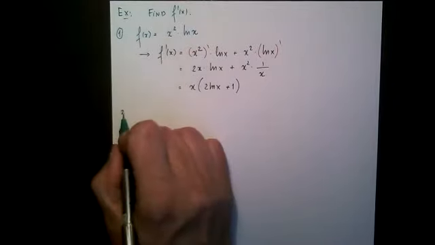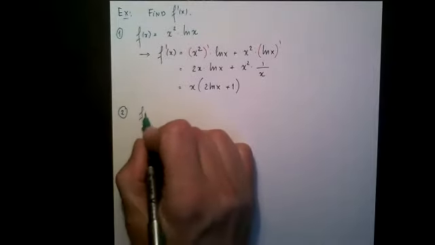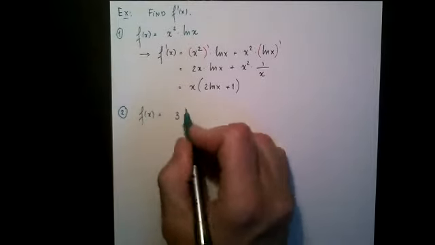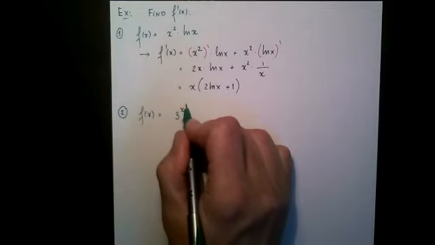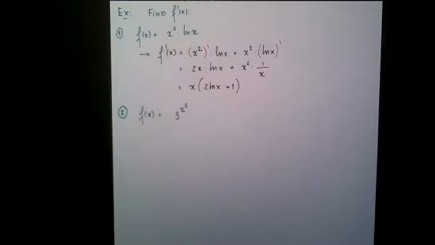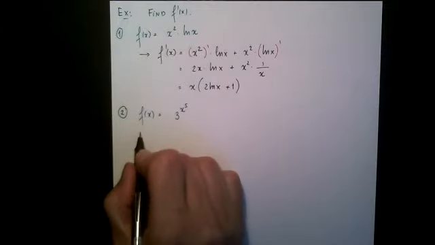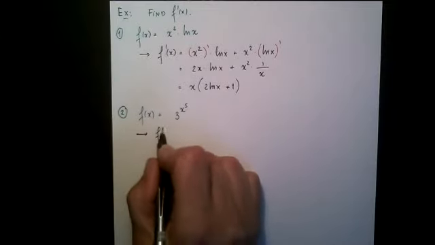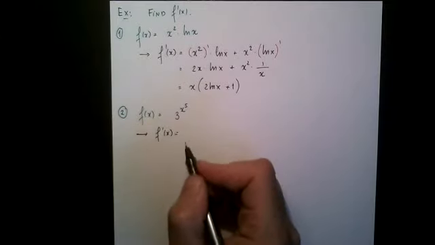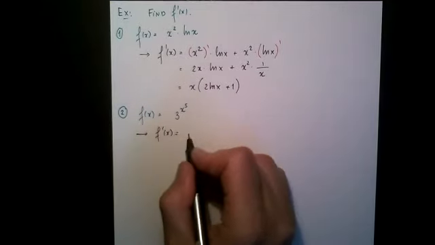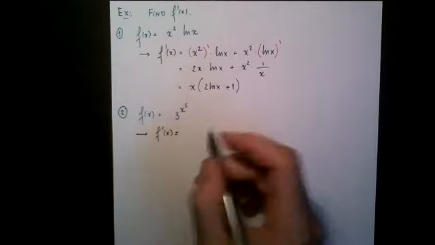Okay, second one. Let's say f of x is 3 to the power of x5. So f prime of x will be, so try it.